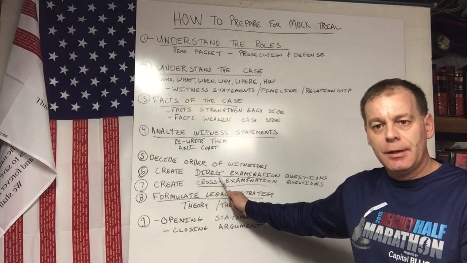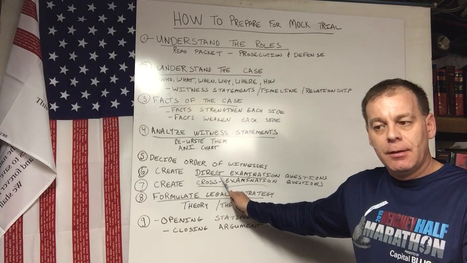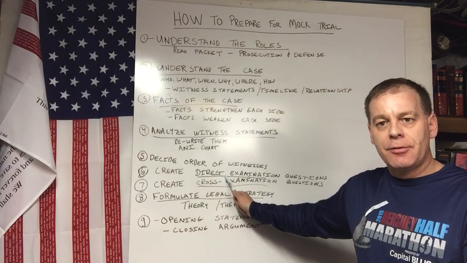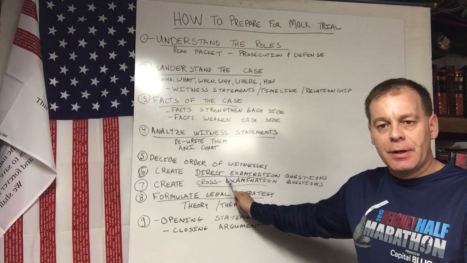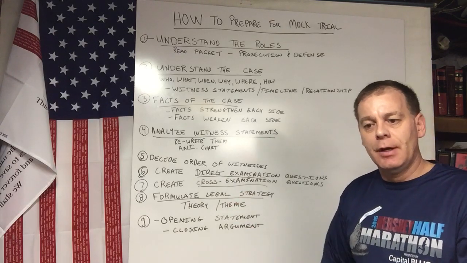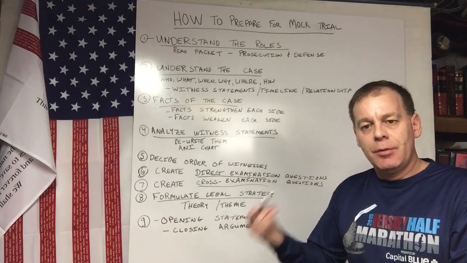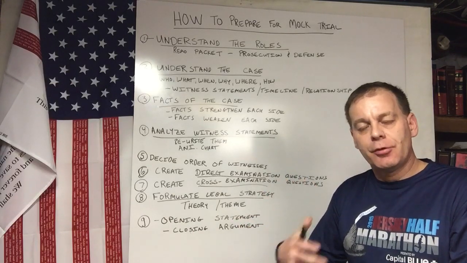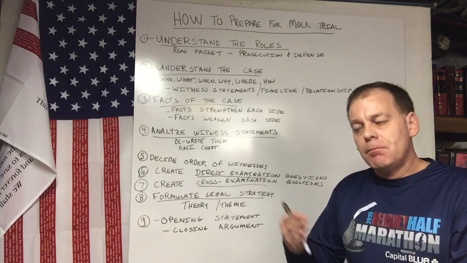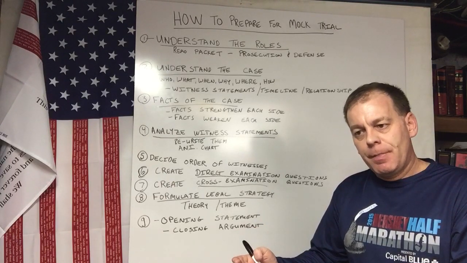These are all open-ended questions. Hopefully, if you've done a good job, my witness knows the questions I'm going to ask them, and I know the answers they're going to give. This is not a time for surprise. These are all questions like, tell me your name, tell me your experience, were you working as a police officer, what did you see, what happened next, what did you do? Boom, those are your questions.